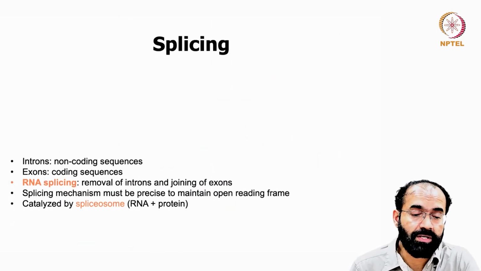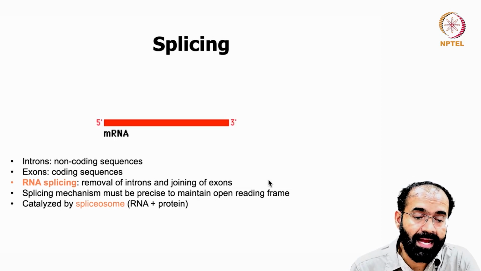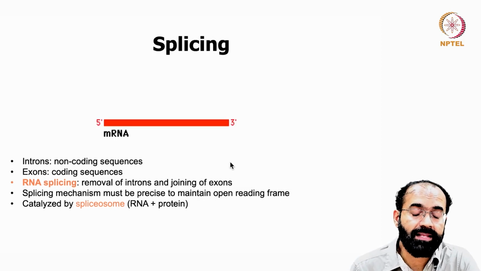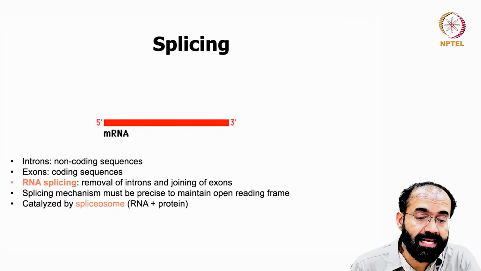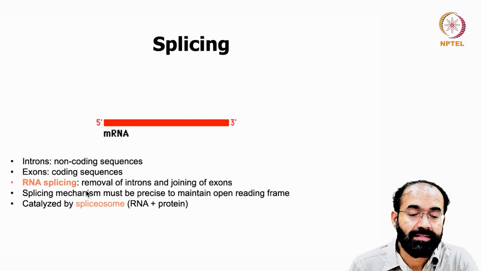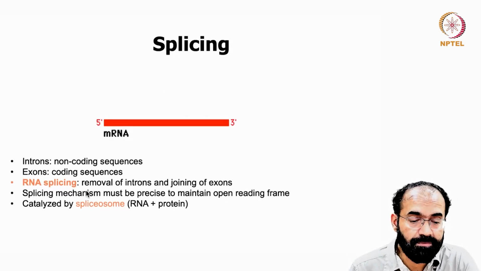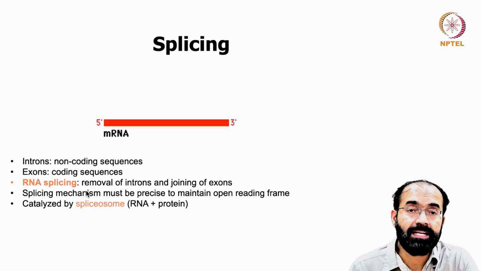Introns are usually the non-coding sequence, and when mRNAs are produced, they have to undergo some maturation event. The exons are the coding sequence. They must be retained, and RNA splicing is very precise.